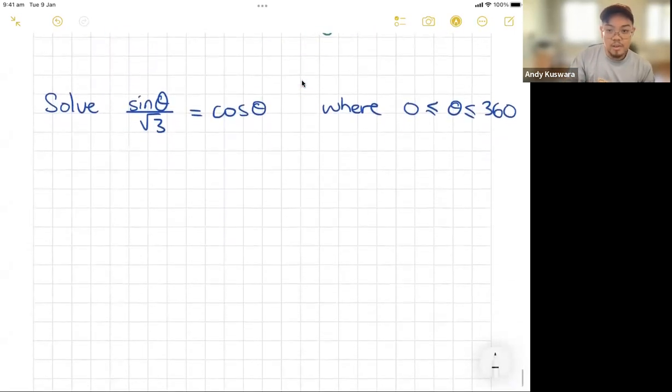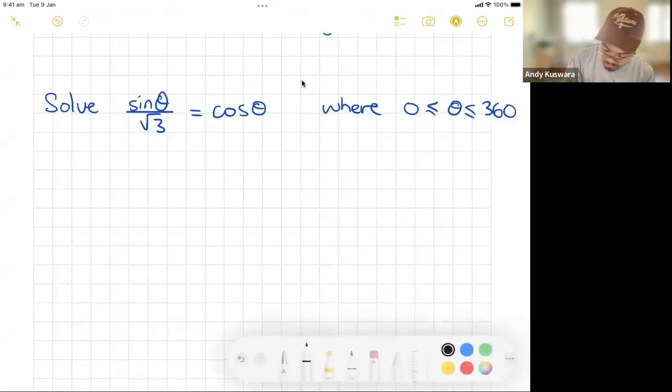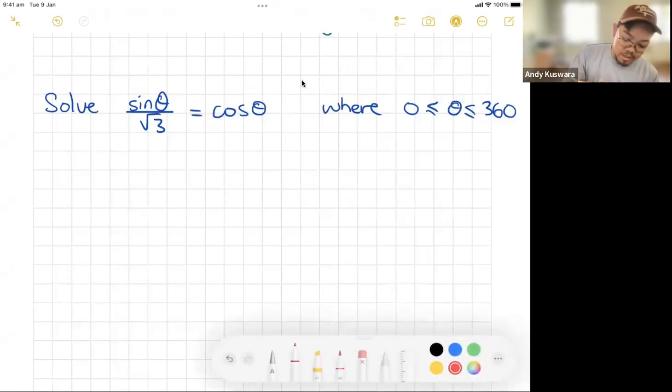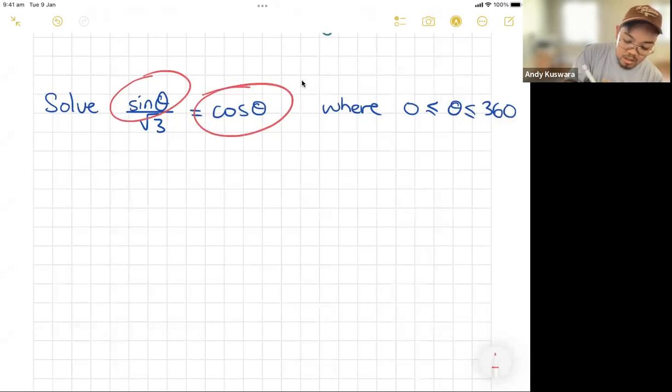Generally, when I see sine and cosine, I'm thinking that I can make it into either tan or cot. To do that, I'll need to put them together.